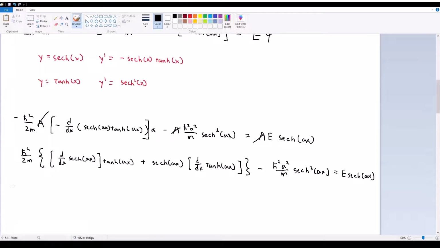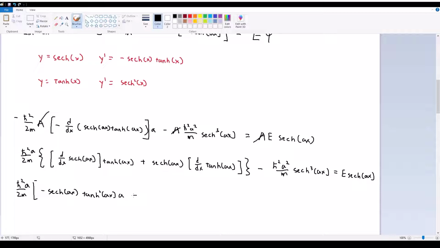So this is going to give us, let's see, h bar squared over 2m, and then negative hyperbolic secant times ax multiplied by hyperbolic tangent squared times ax. Pull out the factor of a at the front. And you know what? I forgot to pull that in, so there's supposed to be an a there. There we go. We pull out this extra factor of a via product rule.